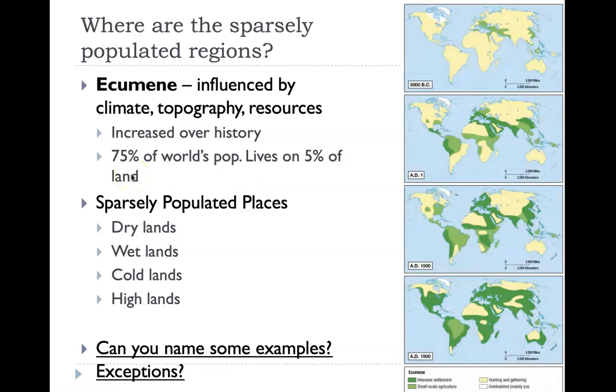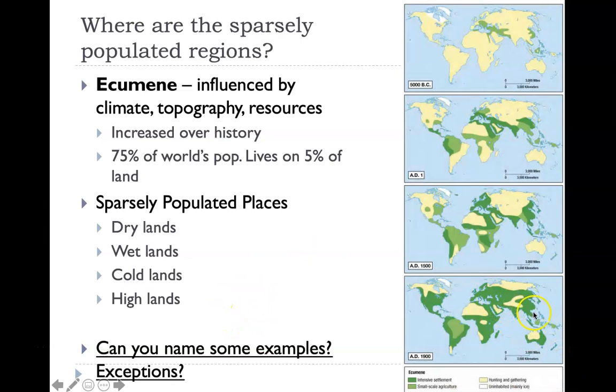So let's talk about where people don't live. People don't live where it's dry. Think the Sahara Desert. Right? If you look at that, that is consistent throughout these four maps. They don't live in wetlands. People don't tend to live in swamps. They don't live in cold lands. You'll see that in the polar regions as well here. Northern Canada and the tundra of Siberia in Russia, right? And then they don't also live in highlands.